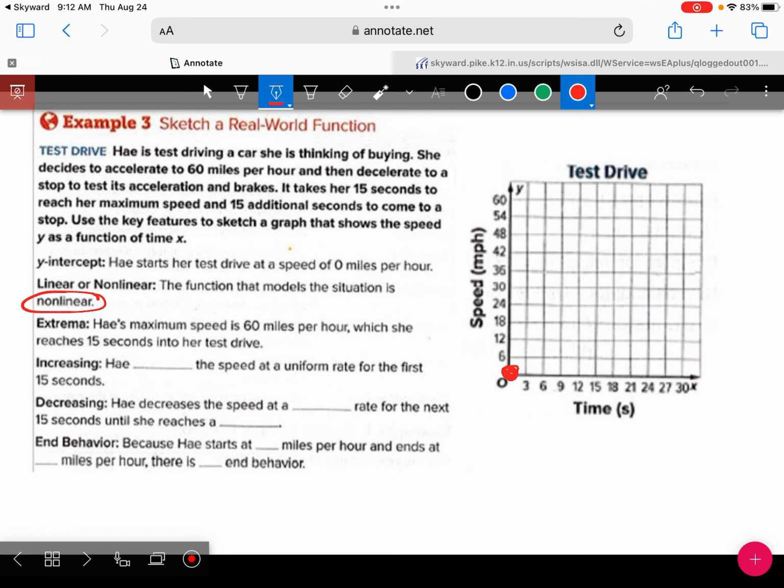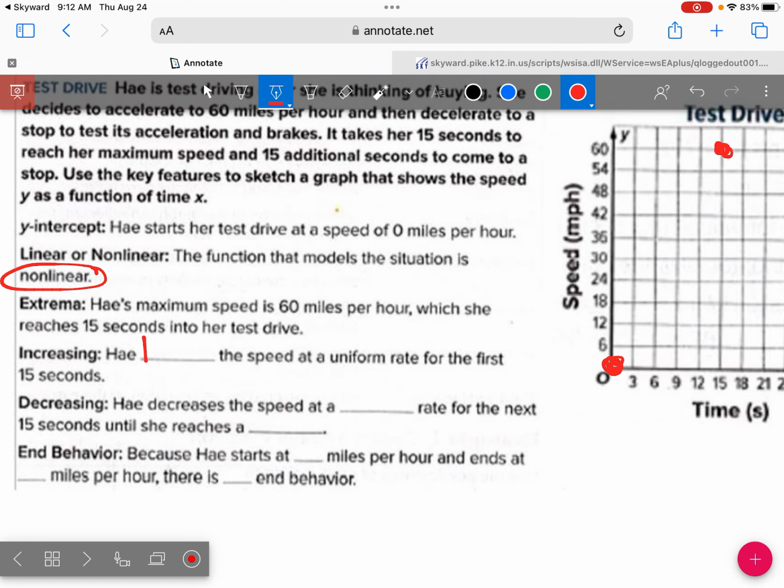So 15, we're going to go up to 60. Let's put a point right here. So in the beginning, she's increasing at a uniform speed. So go ahead and connect these 2 points with a straight line.